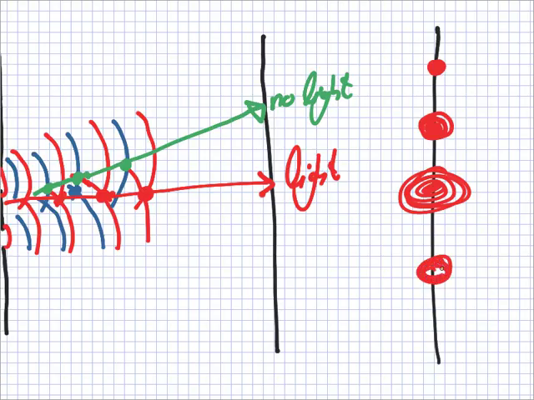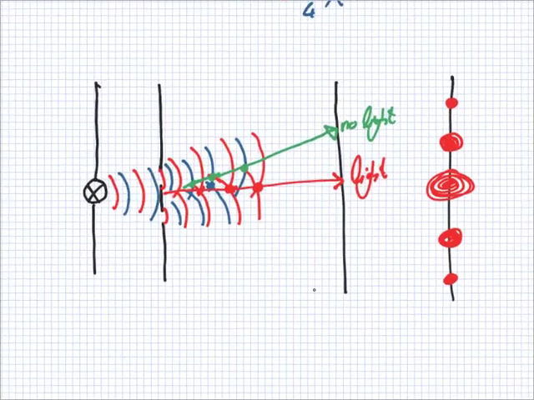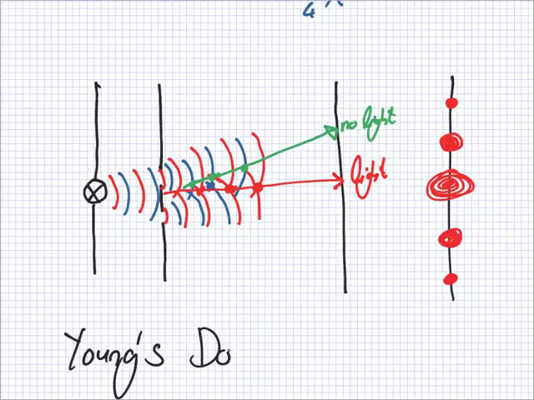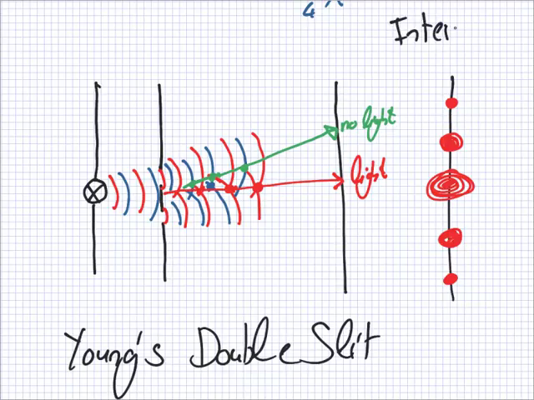And this image here is called an interference pattern. This is Young's double slit experiment, and this is called an interference pattern.